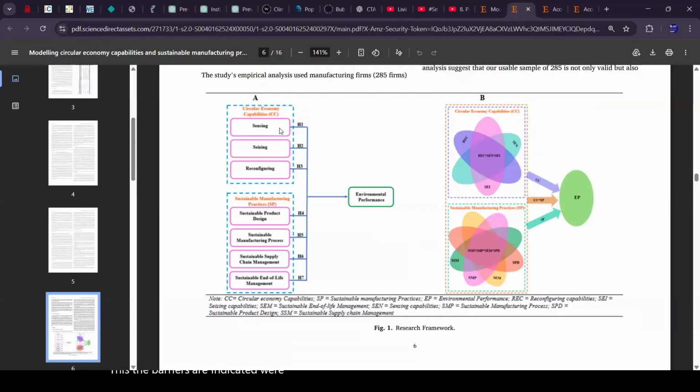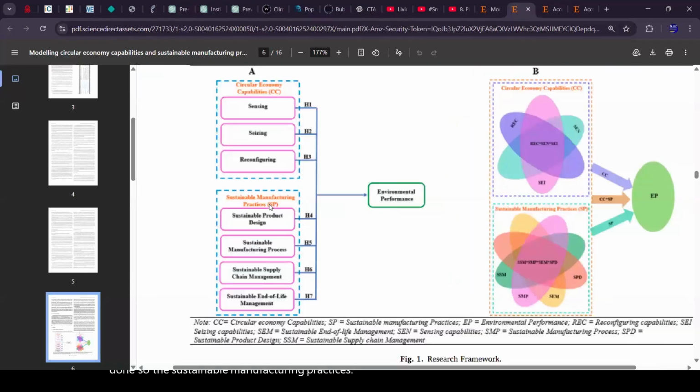So here he was using sensing, seizing, reconfiguring, and sustainable product design, that is sustainable manufacturing practice. So anybody who is also looking at sustainable manufacturing practices can search for this paper and read about it so that you get more idea how things were done. So the sustainable manufacturing practices is the broader construct, as we can see here.